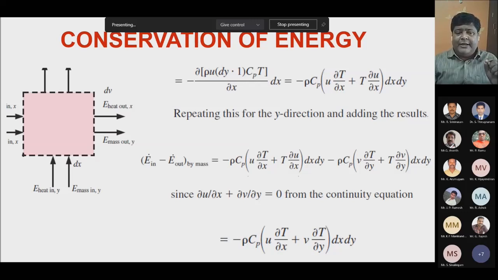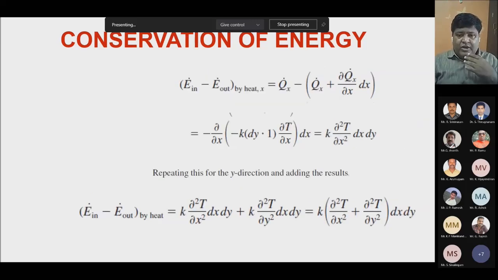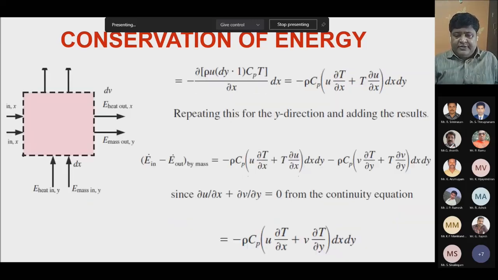Enthalpy is nothing but Cp T. So we do not write m Cp, since the fluid is flowing, it is m dot, rate of mass flow. So we use rho A V. Mass flow rate is rho A V, so rho A V into Cp T. We did all the differentiation. We did energy in, energy out in the x as well as y direction, and finally we end up with this equation.